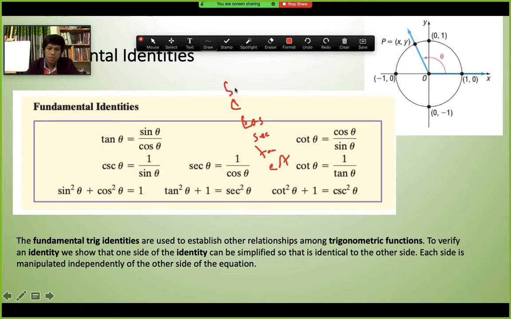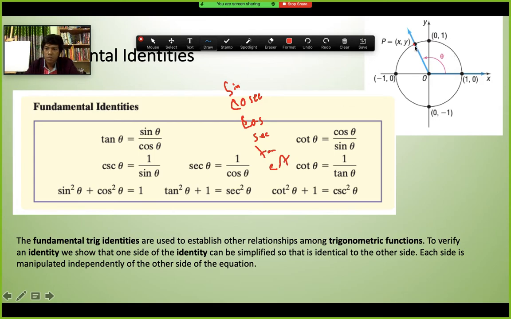Why are there 6? Why not more? Why not 5? Why not 7? Why sine, cos, cosec, sec, tan, and cot? Why are there 6? The reason is here.